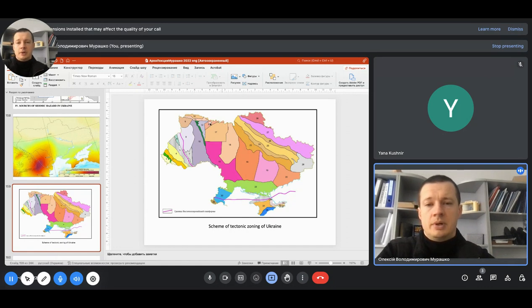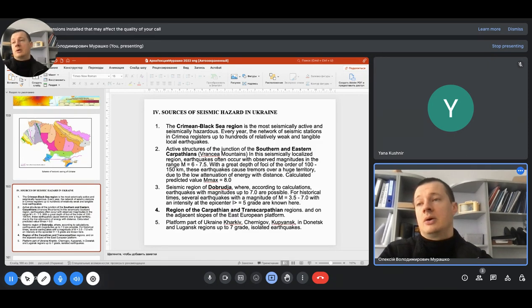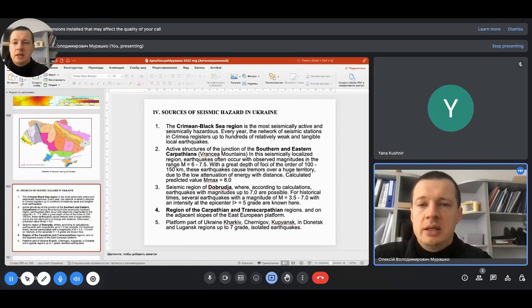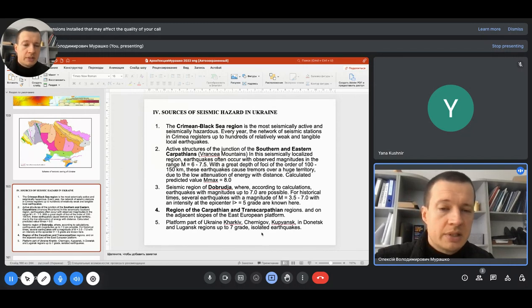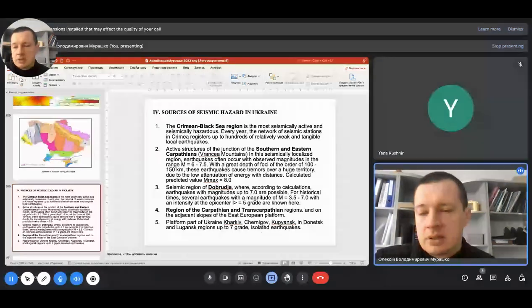It's the European platform, and it gives us most of the earthquake problems for our country. And here are those regions that I talked about previously: the Crimean Black Sea region, the southern and eastern Carpathians, the Dobruja region, the Carpathian and Transcarpathian regions, and also the platform part of Ukraine, and Kharkiv, Chernihiv, Kupiansk, and Donetsk.